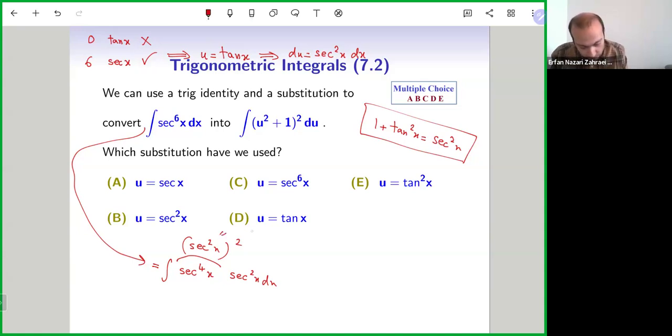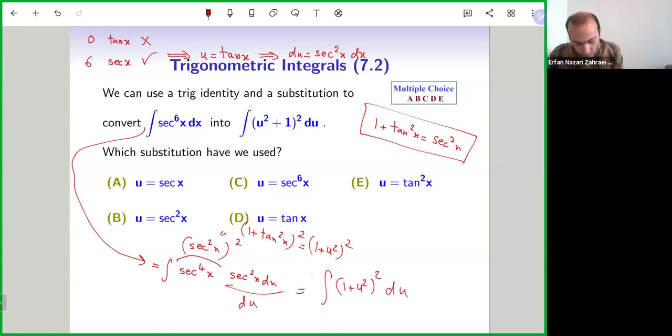This is 1 plus tangent squared, squared. And the tangent is u. So that's also 1 plus u squared, squared. This part is just du. So the whole substitution becomes 1 plus u squared, squared, du. That is what we get here. Exactly.